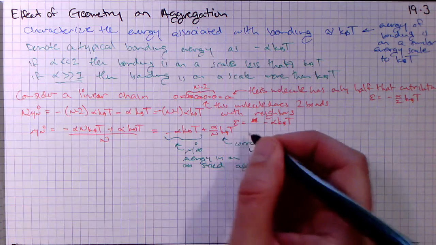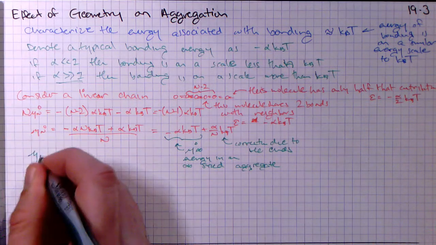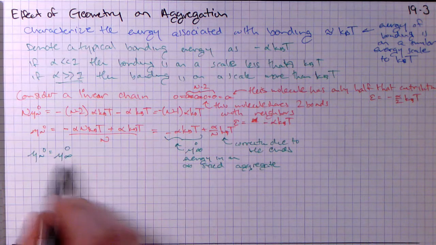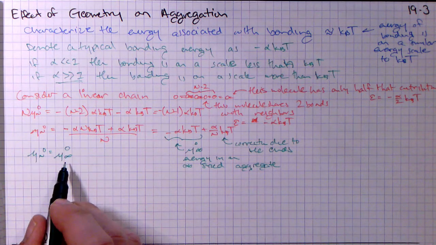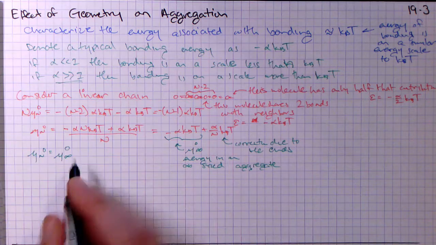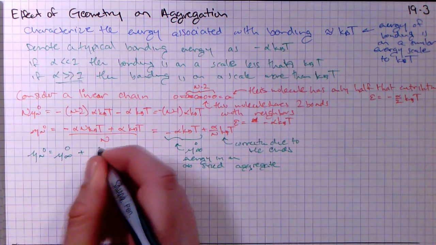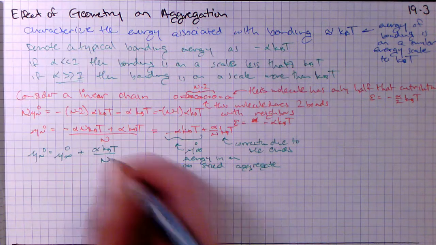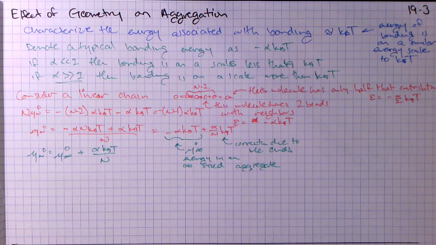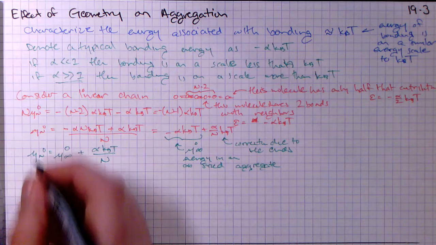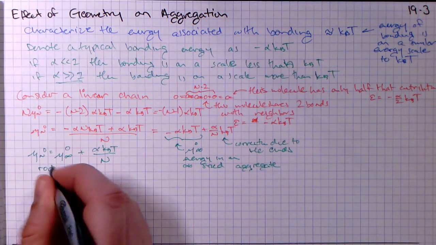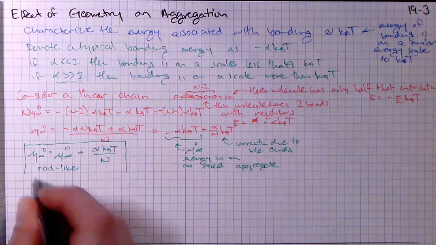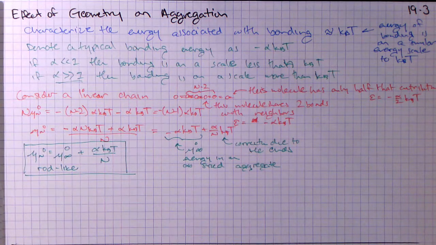And so another way of writing this is to say that mu n0 is equal to mu infinity 0, that is, the energy the molecule would have if the aggregate got infinitely large, plus alpha kBT over n. Okay, and this should hold for any rod-like, any one-dimensional structure would have that basic scaling.